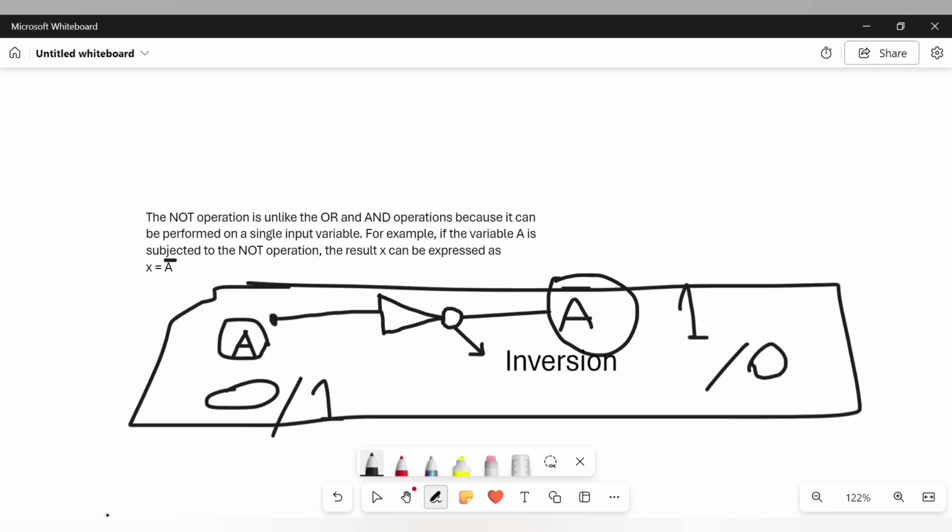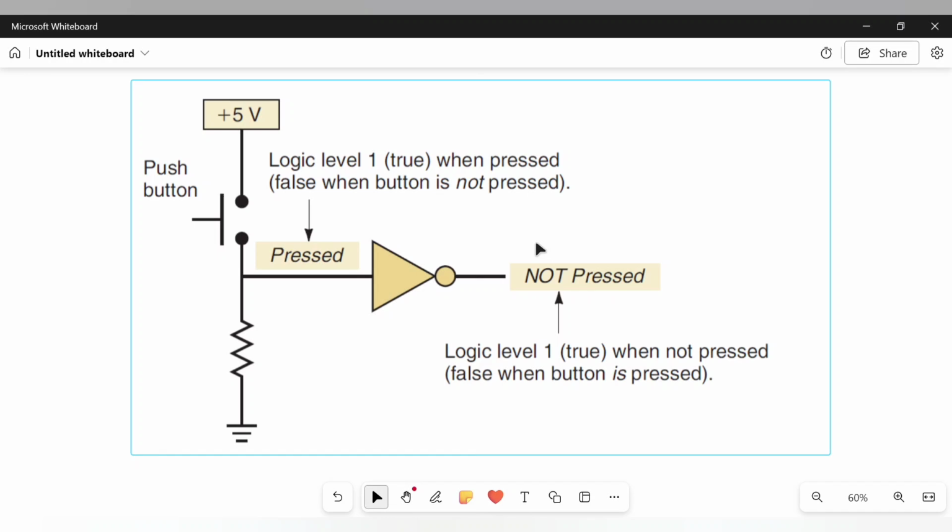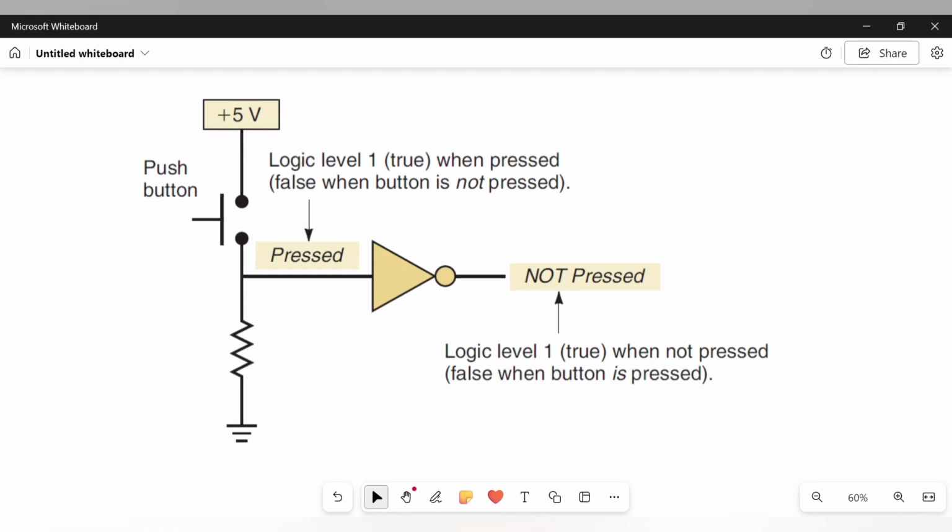Now let's give you an example of the NOT circuit. This following figure shows a typical application of the NOT gate.